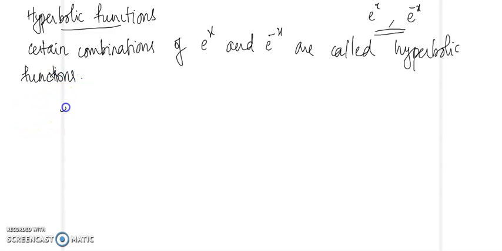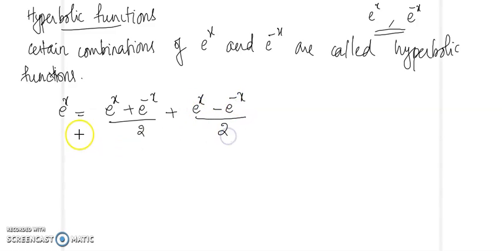Consider the function e raised to x. You can write e raised to x in the form (e raised to x plus e raised to minus x) by 2 plus (e raised to x minus e raised to minus x) by 2. So you can see that e raised to x is equal to this sum.